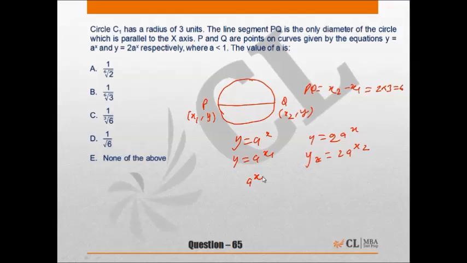Therefore a raised to power x1 will be equal to 2 a raised to power x2. From here we get 1 by 2 equals a raised to power x2 minus x1, which will be equal to a raised to power 6. So from here a will be equal to the 6th root of 1 by 2, which is option E.